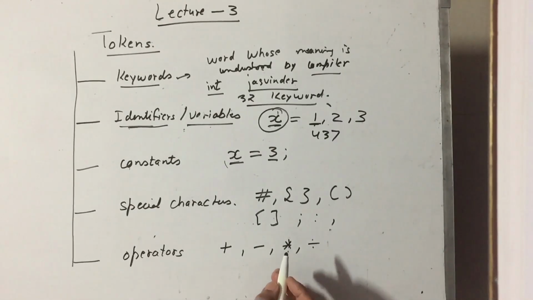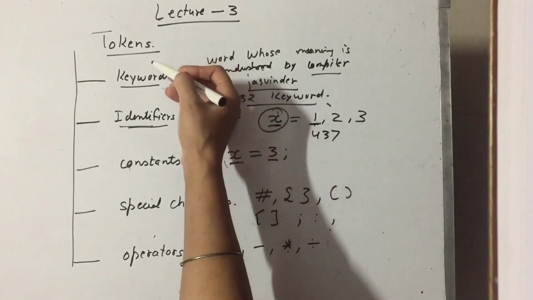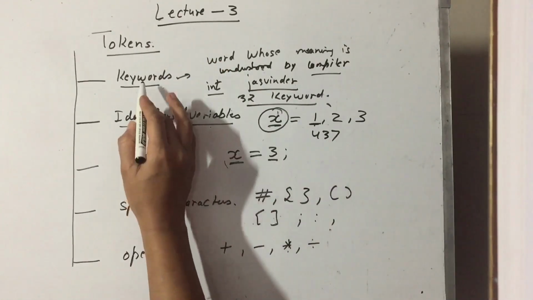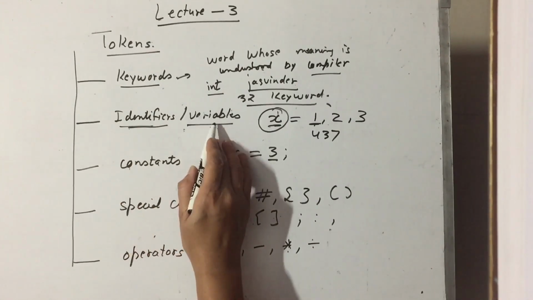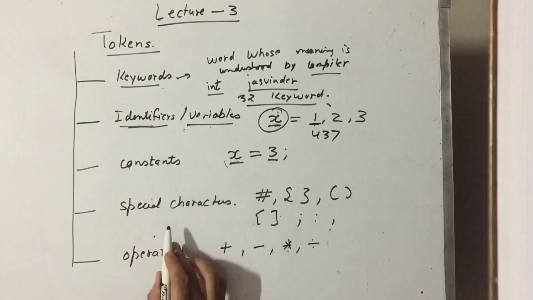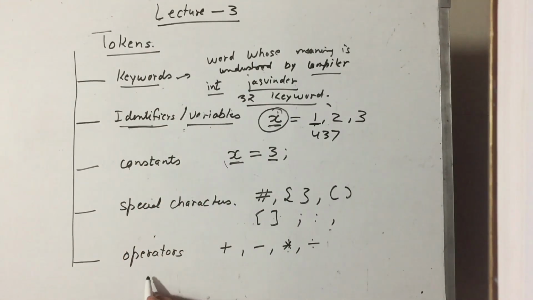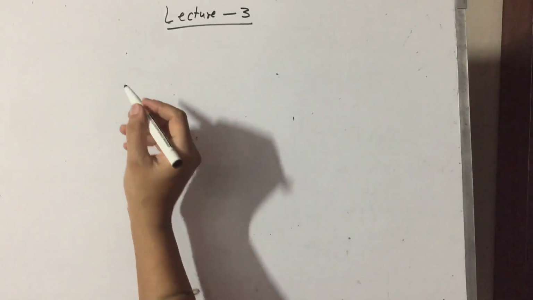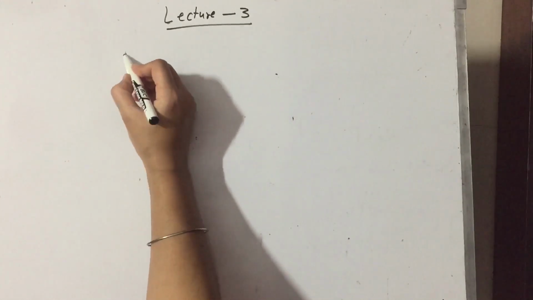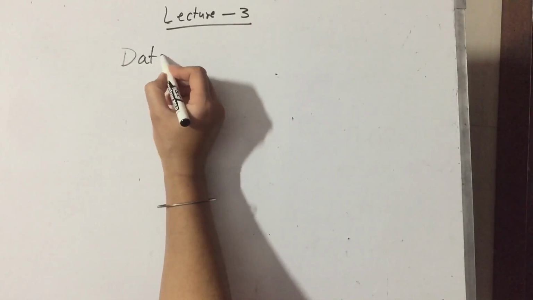So in the C programming language, we have 5 types of tokens: keywords, identifiers or variables, constants, special characters, and operators. Now we move further to the third part of this lecture, that is your data types.